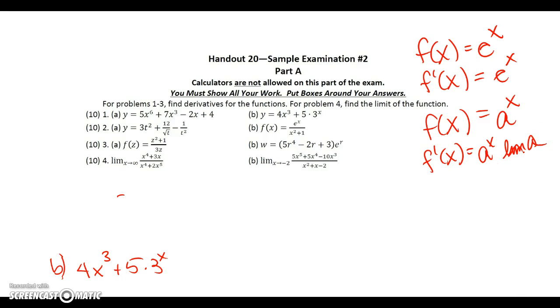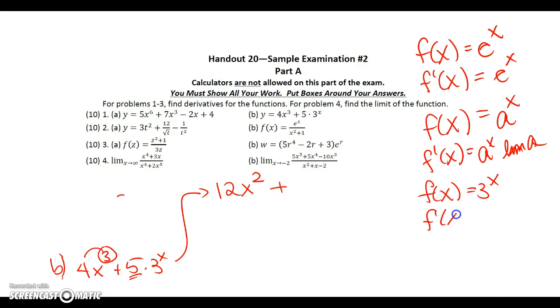So the first thing is going to be 3 coming down, 12x squared plus. Now this is just a constant, so it's going along for the ride. If I say f of x equals 3 to the x, f prime of x has to be 3 to the x ln of 3.